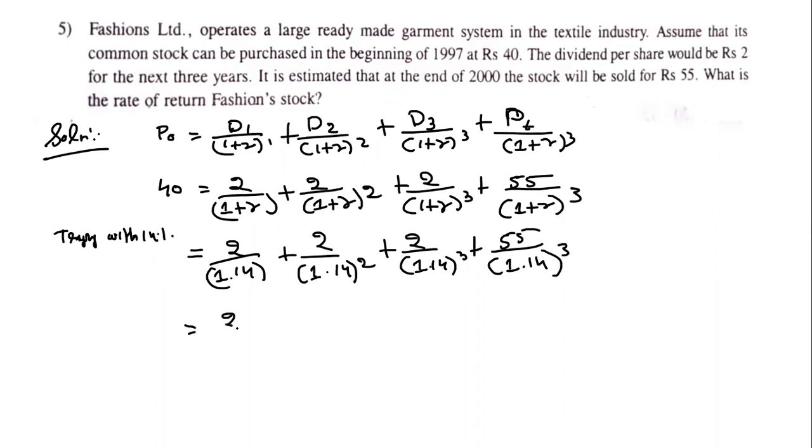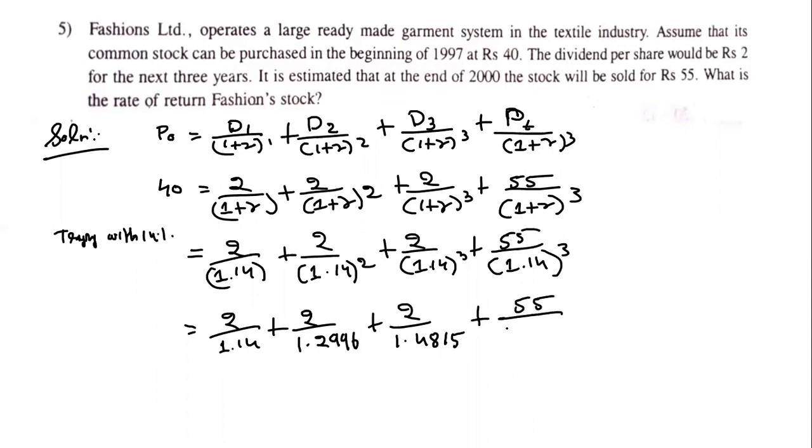So 2 divided by 1.14, plus 2 divided by 1.14 squared, plus 2 divided by 1.14 cubed, plus 55 divided by 1.14 cubed. So let's solve this. 1.14 squared is 1.14 times 1.14, so it will be 1.2996, and 1.14 cubed is 1.4815.